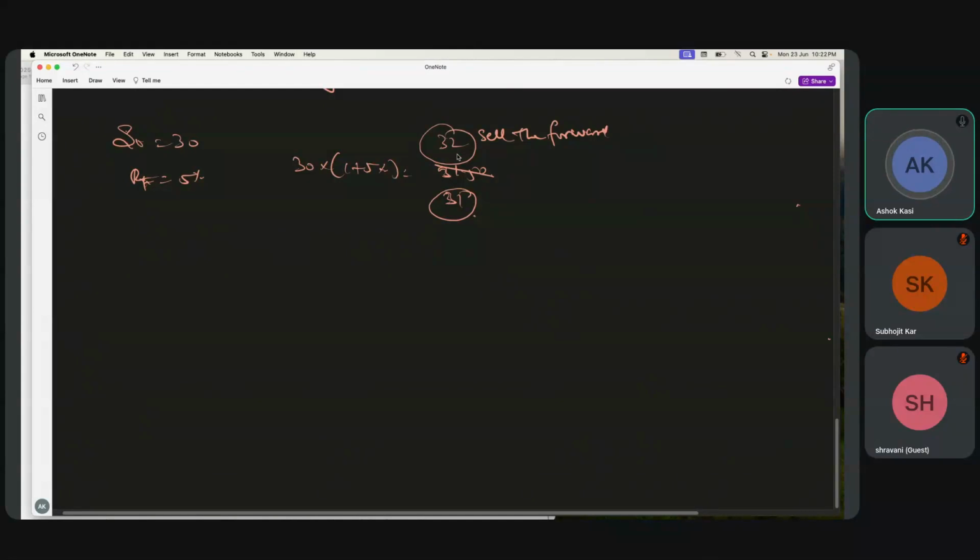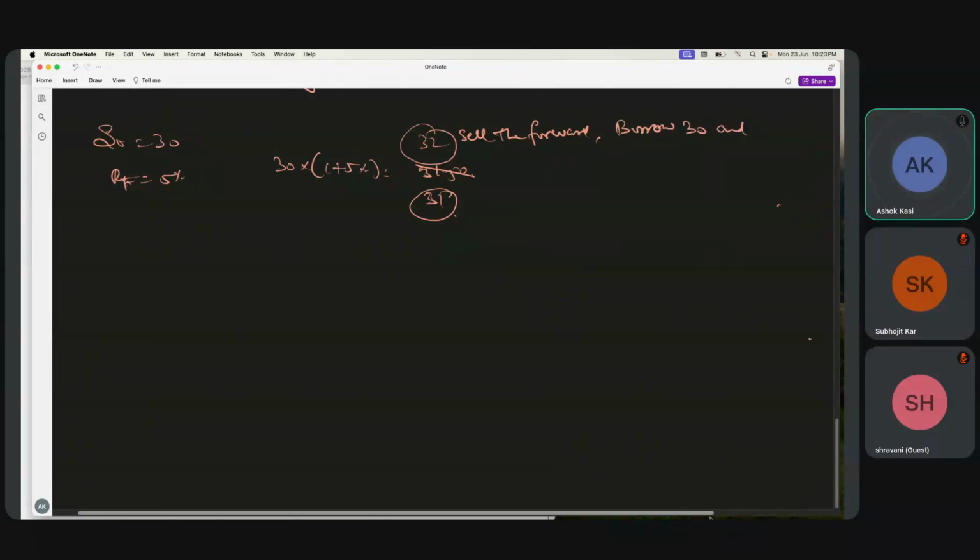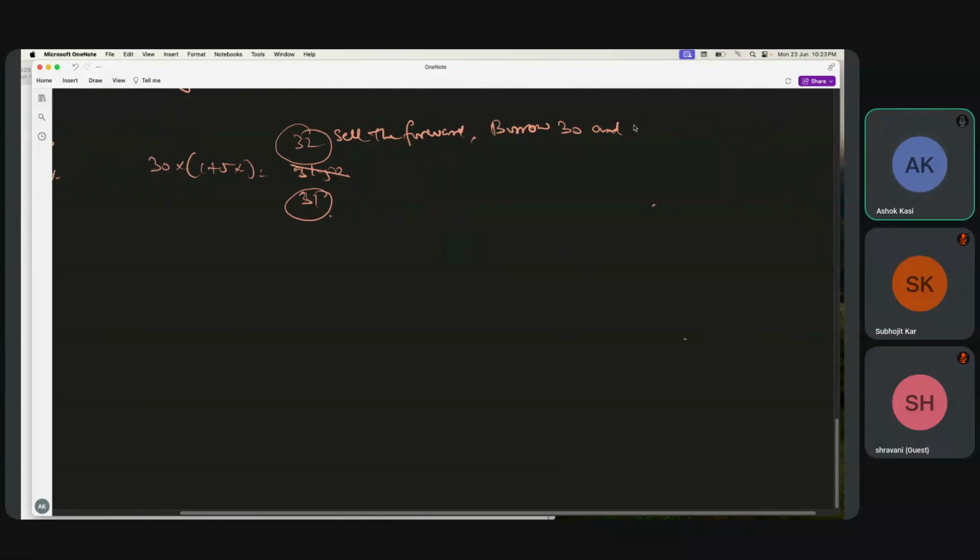So if you are selling, you are going to get 32. You have agreed to sell the share, but you don't have any share. So what will you do now? Sell the forward, borrow 30 and buy the stock and keep it.